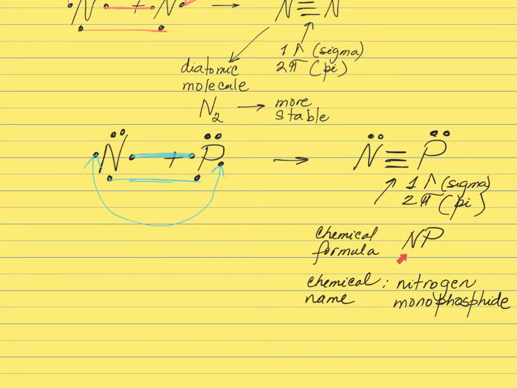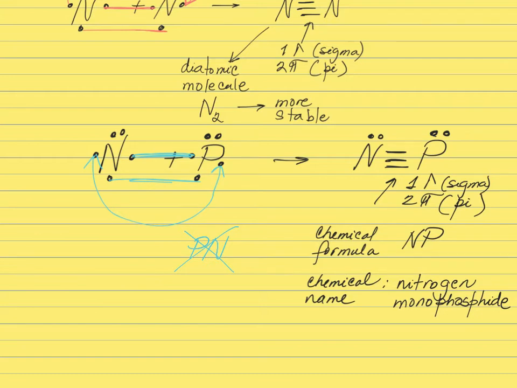And be careful, the formula is not PN. That's wrong. And why is that wrong? Because the first symbol that you're going to put in your formula is the symbol of the element with less electronegativity.